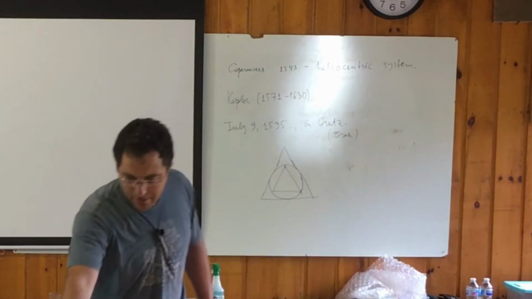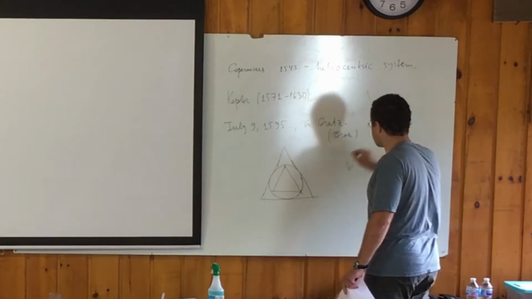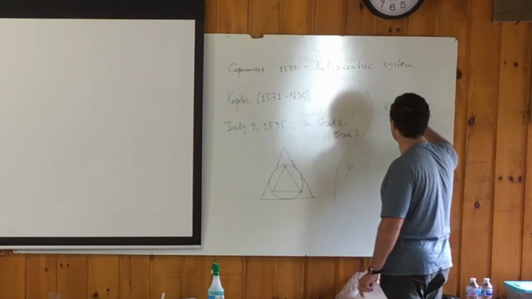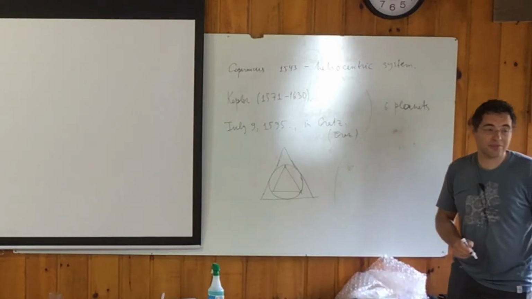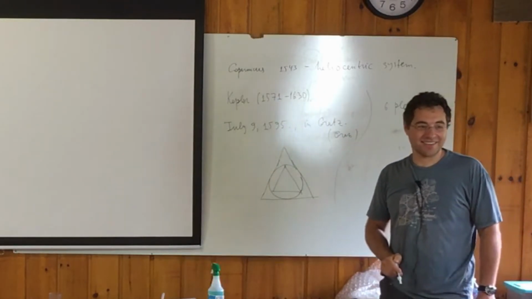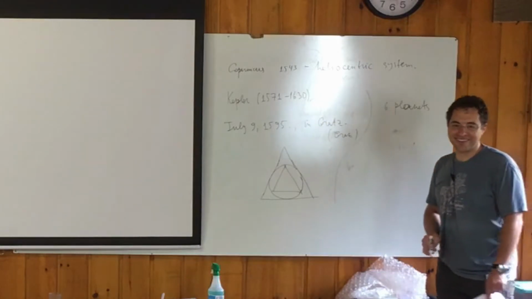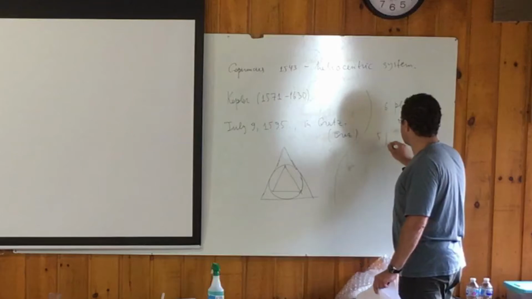So the point is that at the time, there were 6 planets known. So now there are 8, and for a while there were 9, but then Pluto had the status of the planet for several decades, but no longer. But anyway, and then there are 5 Platonic solids.